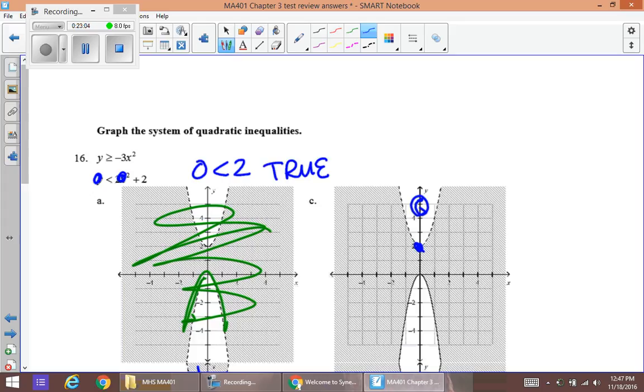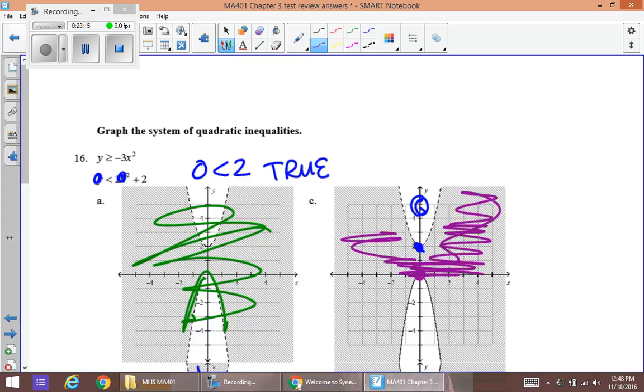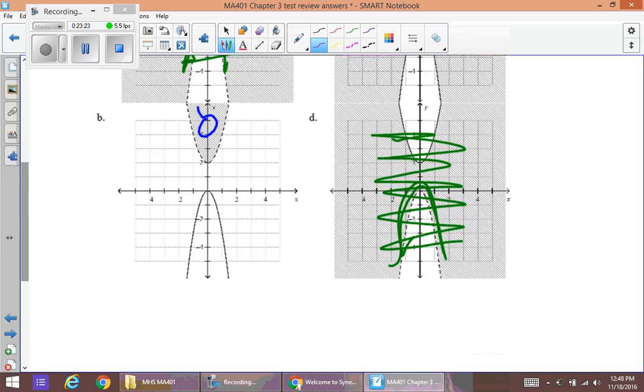And what I taught you is you always shade where it's true. So if you're standing on 0, 0 and 0, 0 is true, then you shade here. Well, look at this graph. It is shaded there. It's the answer. Look down here. Is 0, 0 shaded? Why, no, it's not. So that is not the answer.